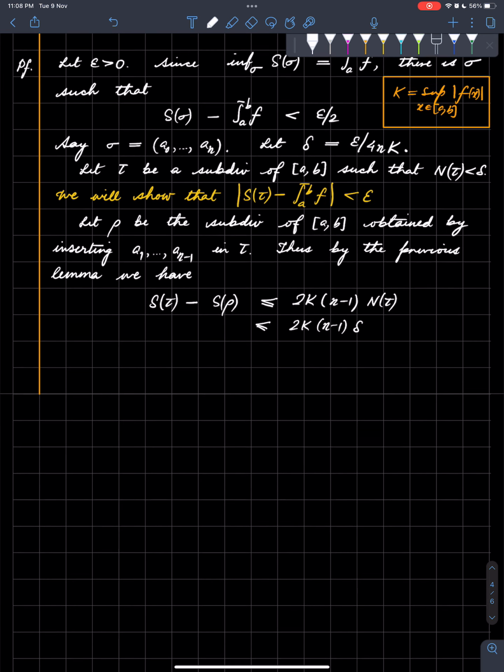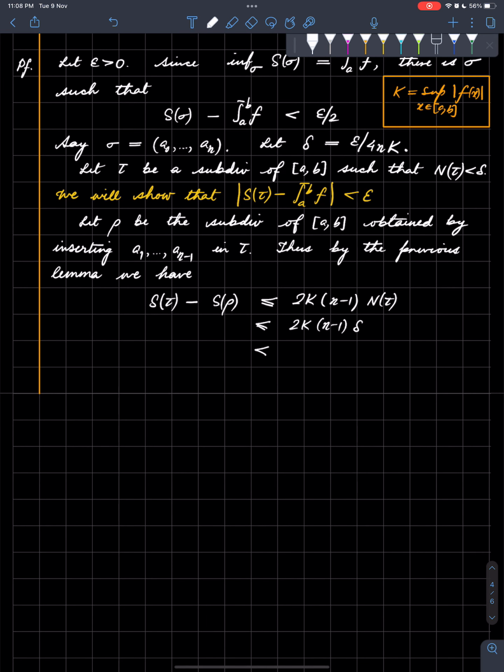So this is at most that, which is equal to 2k n minus 1 epsilon by 4 n k, which is equal to epsilon by 2 times n minus 1 by n, which is less than epsilon by 2, and this is all that I wanted.